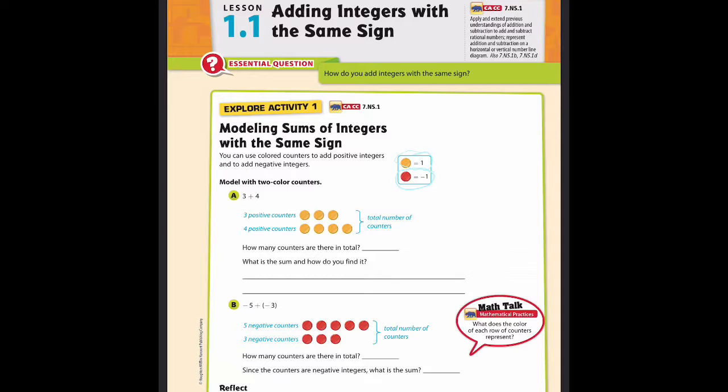You count them all together, you get your answer, and if all of your counters are yellow, that means your answer is positive. Similarly, if you have 5 negatives or 5 reds and you get 3 more negatives or 3 more reds, you get a total of 8 reds or 8 negatives. So if all of your counters are red, that means your answer is negative.